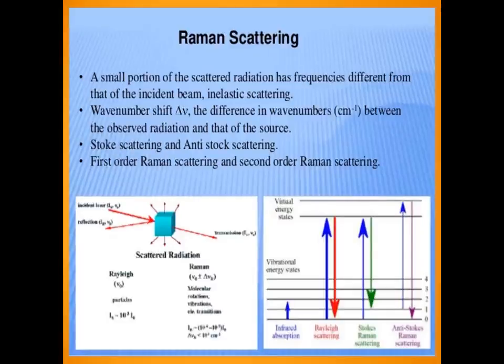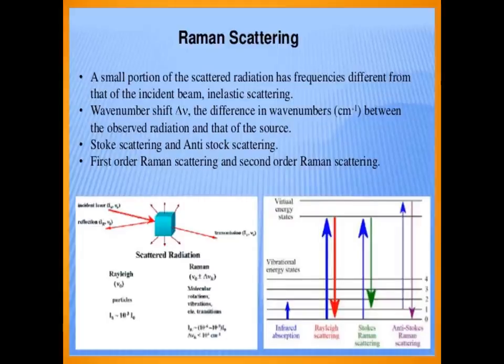The spectral lines having frequency equal to the incident ray frequency are called Rayleigh lines, and the spectral lines having frequency other than the incident frequency are called Raman lines. This is the Raman effect.